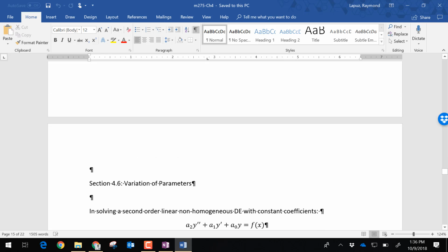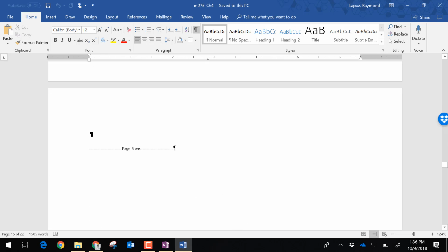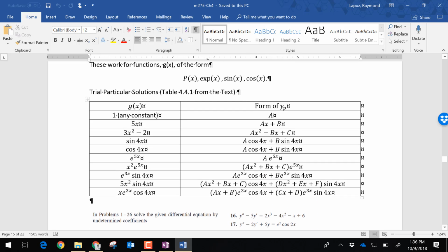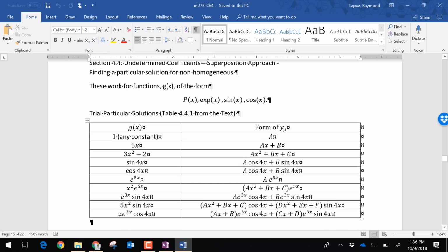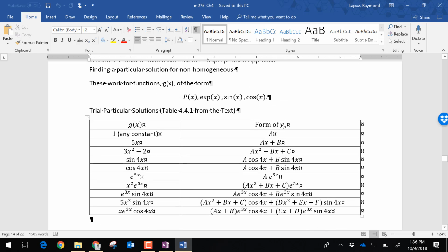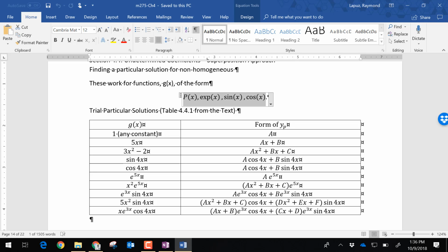In other words, the undetermined coefficients method would only work for these types of functions. And it turns out that the annihilator method would also only work for these types of functions. So it doesn't give you anything new. So in light of that, I'd just rather have you use this to solve for the problems on the test.